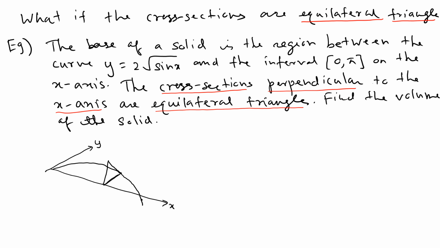So we have the x distance, that's the x coordinate, and the y coordinate. So the cross sections are equilateral triangles. If you cut it, you get a solid triangle like that.